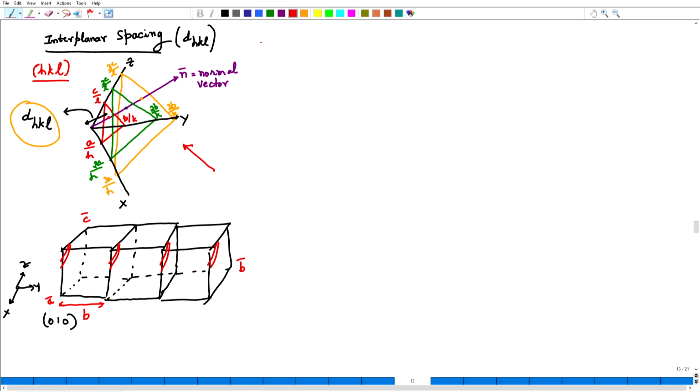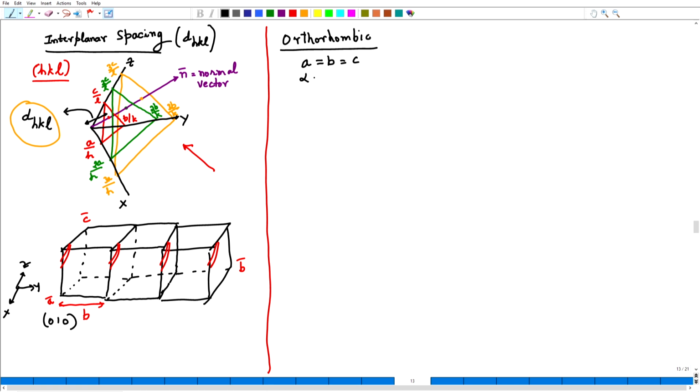So, let us consider the orthorhombic crystal. For an orthorhombic unit cell, we know that all the angles are going to be 90 degrees.